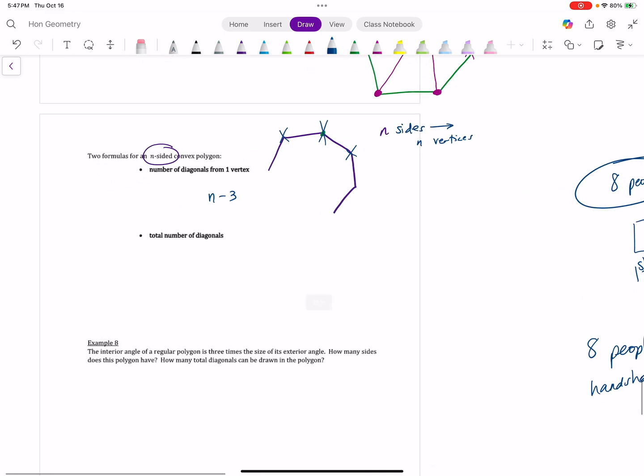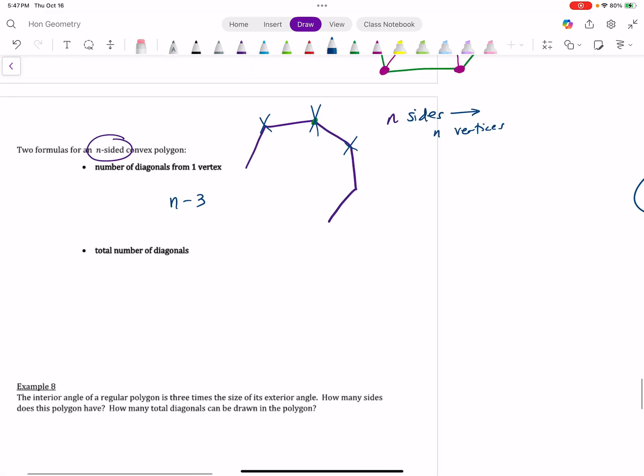Okay, so what's happening here? We're doing the same idea. I've got to pick a diagonal. So if there's n sides, there's n vertices. All right, how many could I attach it to? N minus 3.